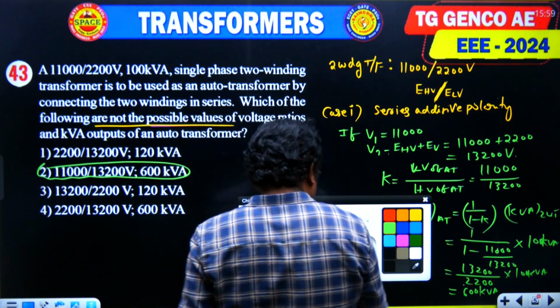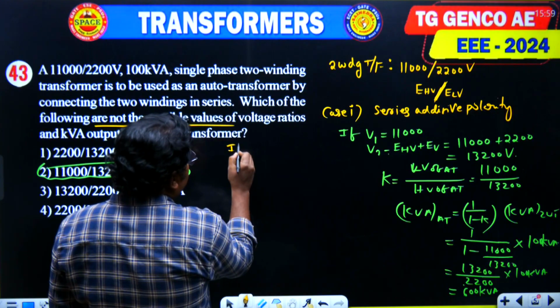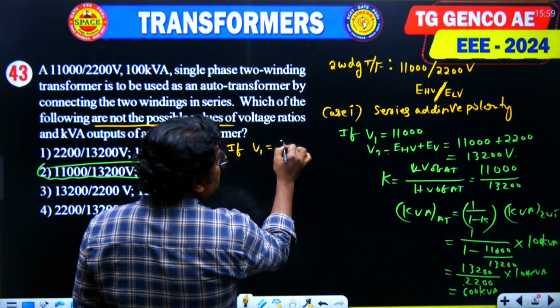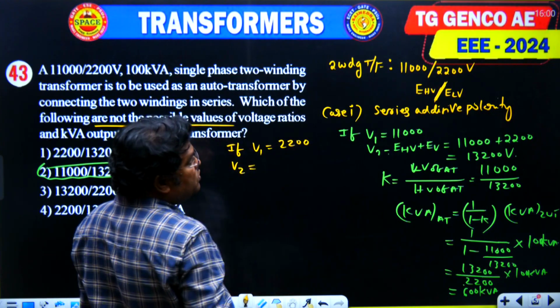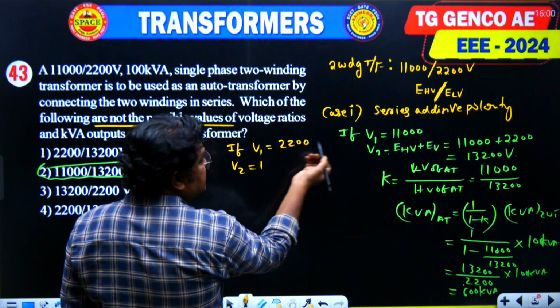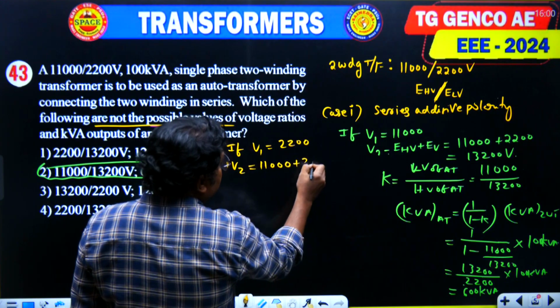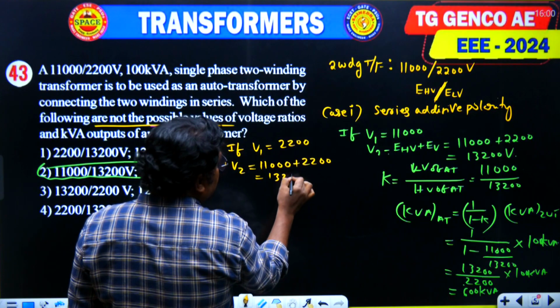And next, one more possibility, let us check. Suppose the applied voltage is 2,200, so V2 will become VHV plus VLV, that is 11,000 plus 2,200, which is equal to 13,200.